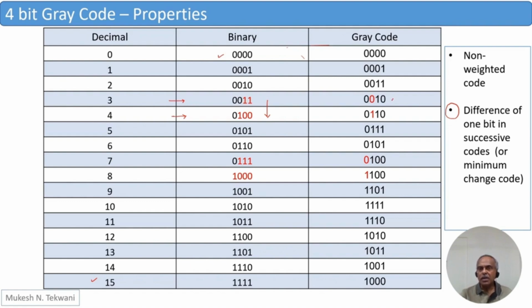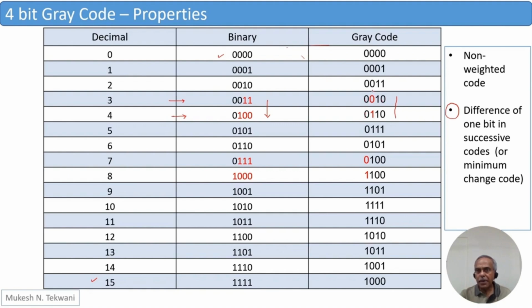But let us compare that with what happens in the case of a Gray code. For decimal 3, the equivalent Gray code is 0010, and for 4 the equivalent Gray code is 0110. And you can observe as we go from 3 to 4, the 0 bit remains the same, the 1 bit remains the same, this 0 bit has changed to a 1, but the next 0 bit remains the same.